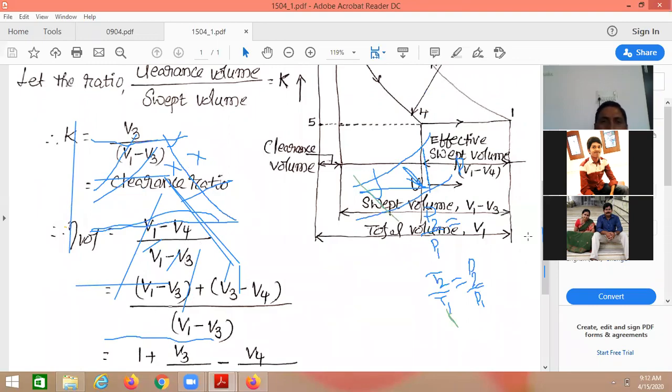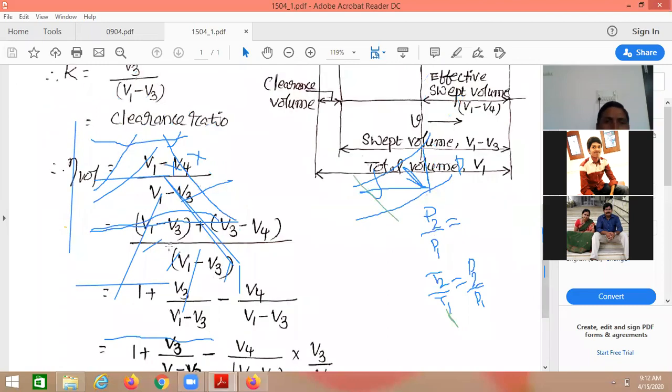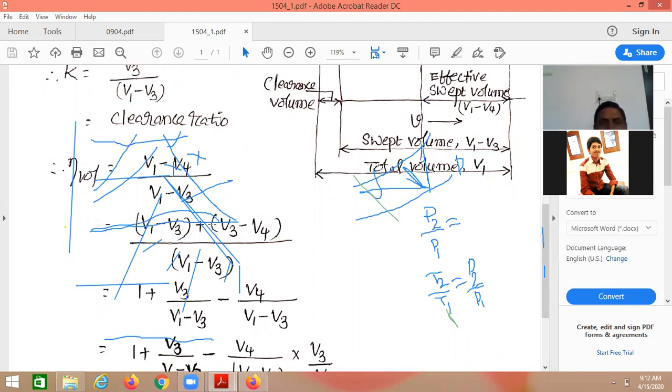How do we write this relation? V1 minus V4, only two terms are there. I simplify it further: one time I subtract V3, immediately I add V3 also, so there is no difference in the numerator. So V1 minus V4 is rewritten as V1 minus V3 plus V3 minus V4, and the denominator is V1 minus V3.